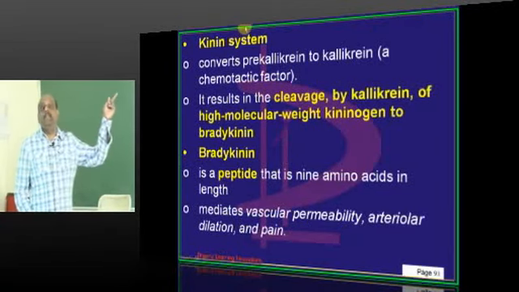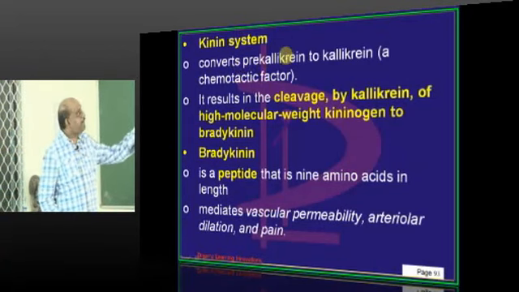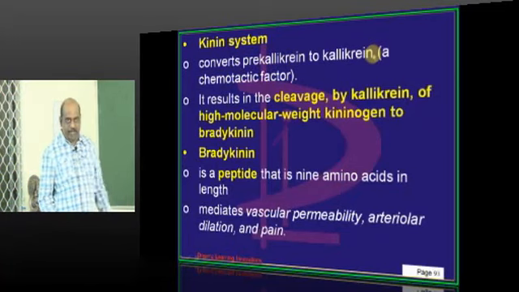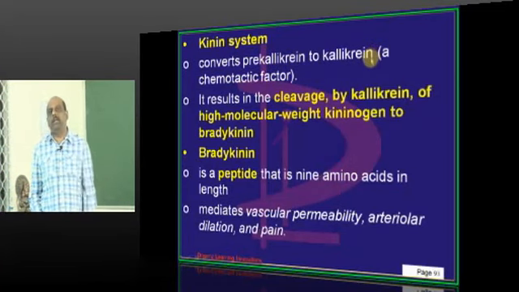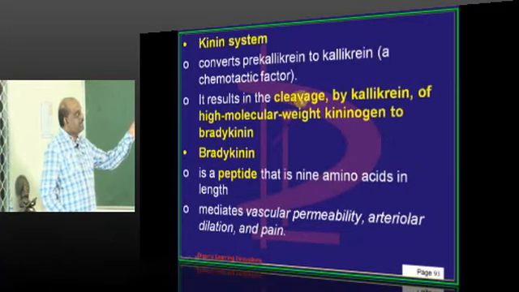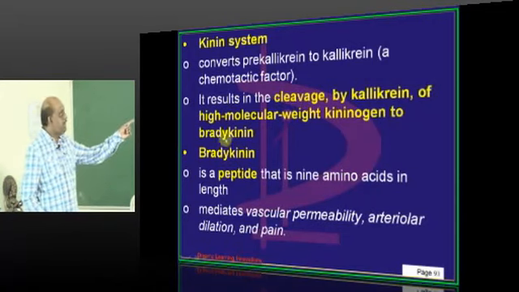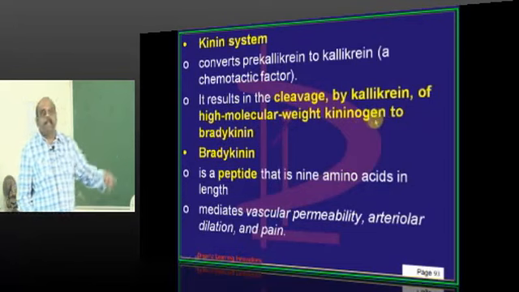So, doctor, the kinin system we are talking about. What will it do? It converts prekallikrein to kallikrein, and kallikrein is a very important chemotactic factor in acute inflammation. It will cause the cleavage of a very important substance called high molecular weight kininogen.